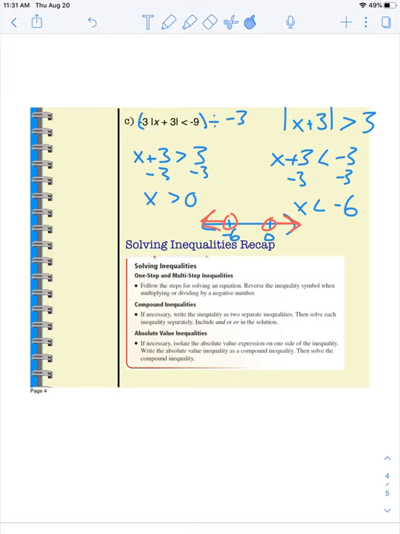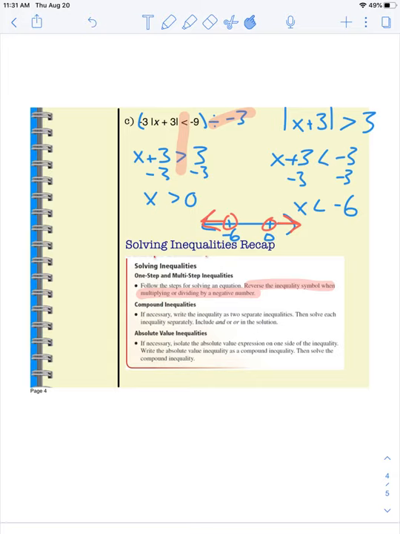All right, quick notes for you. Solving inequalities recap. When we solve inequalities, one-step and multi-step inequalities, we followed the steps for solving an equation, reverse the inequality symbol when multiplying or dividing by a negative. So flip the sign when you multiply or divide by a negative, just like we did here, because we divided by a negative.